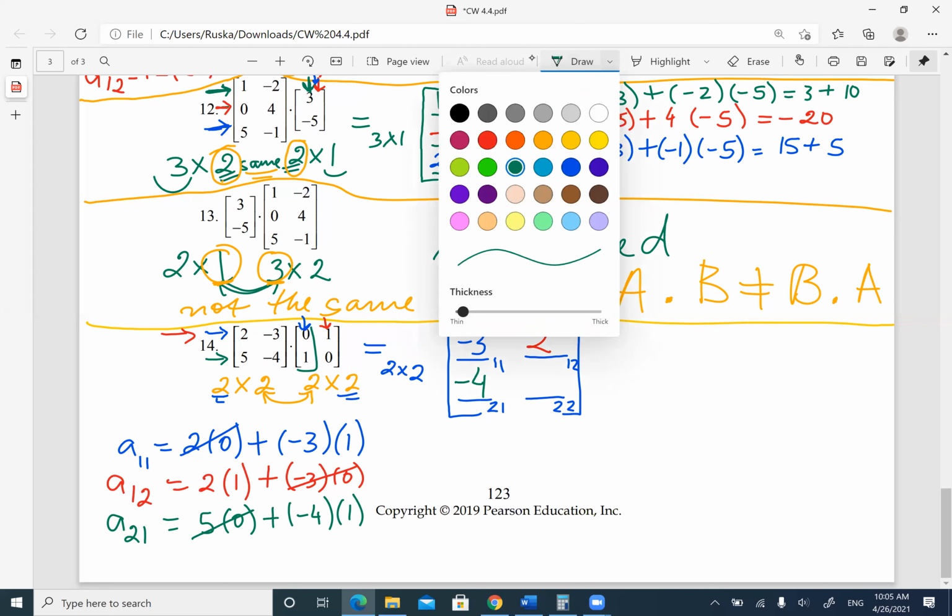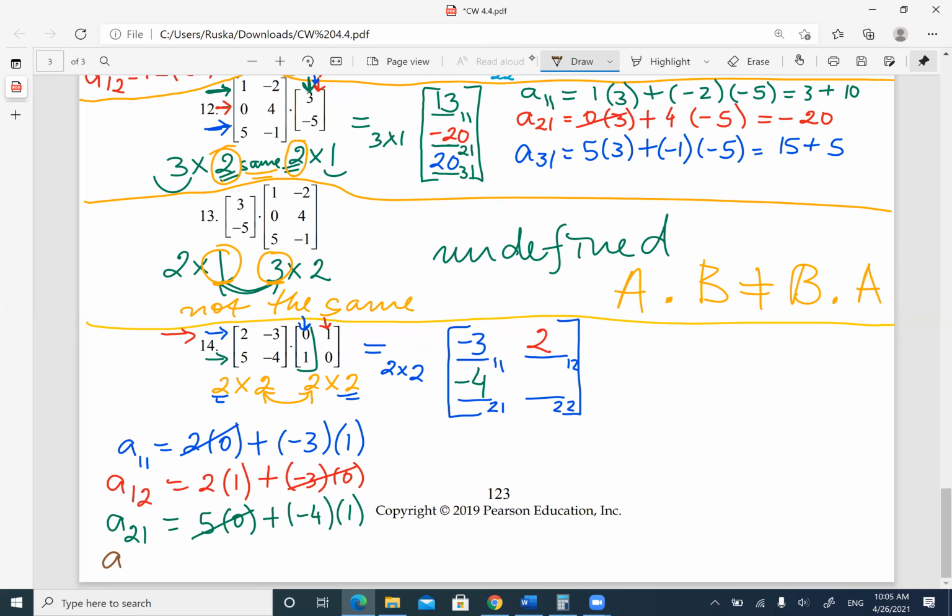And then you have one more to go, which is 2, 2. We multiply second row and second column. So you have 5 times 1 plus negative 4 times 0. So that's going to be 5. Okay, any questions? Everybody understand that?